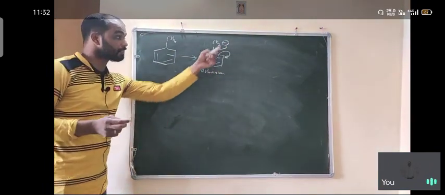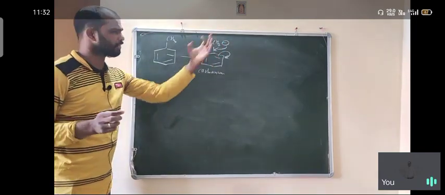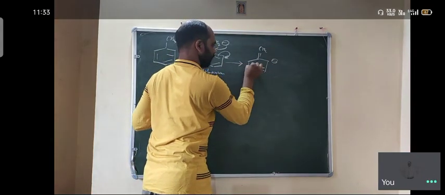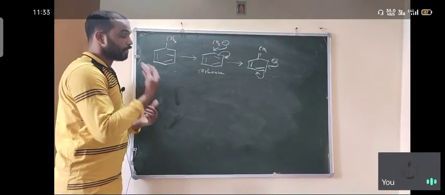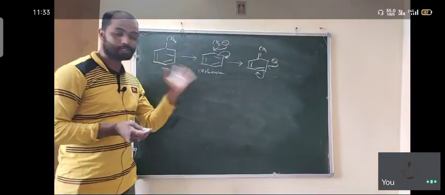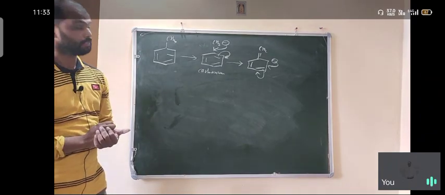The aromatic ring stabilizes the carbanion, or the negative charge. This way the negative charge is stabilized over the ring, which is called aromatic stabilization.